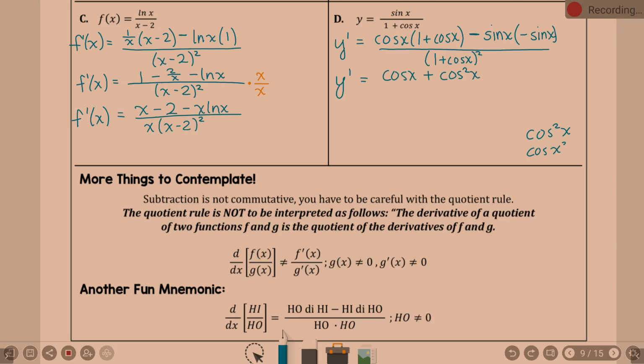Those are not the same. Cosine squared x says it's cosine x quantity squared, whereas cosine x squared says it's the cosine of x squared. So plus cosine squared x, minus sine x times negative sine x is going to be plus sine squared x, over 1 plus cosine x quantity squared.